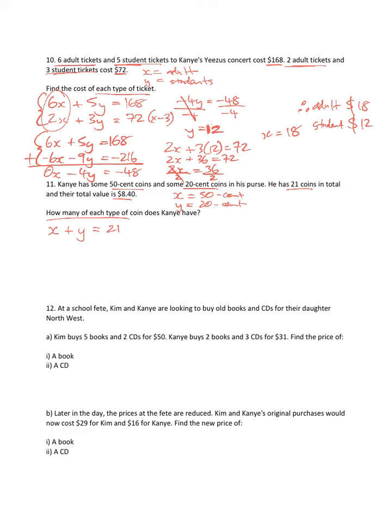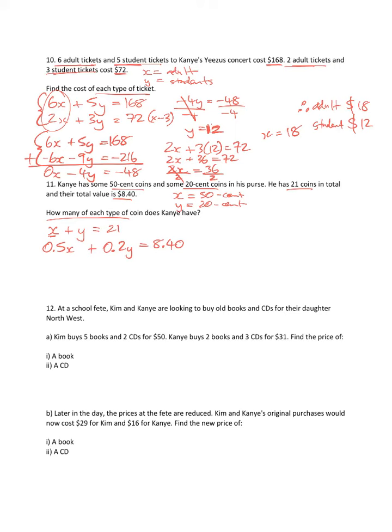The only thing I know about the number of coins I've got is that there's X. Well, the value of the 50-cent coins, however many I've got, is going to be 0.5 times however many I have. Same with the 20-cent coins, but it's 0.2 this time, times by however many 20-cent coins I've got, and we know that their total value adds up to $8.40.